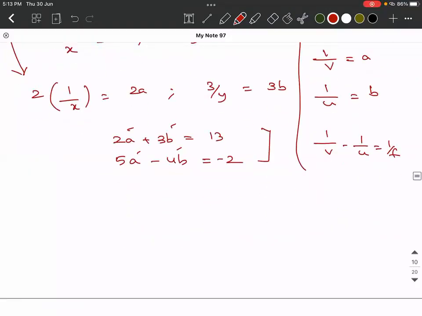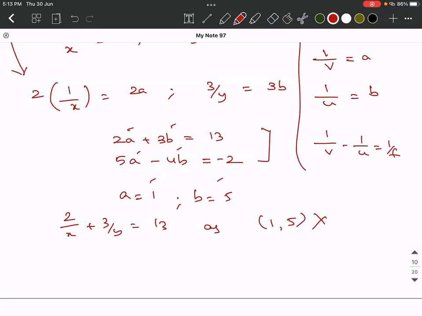Let's say a is coming out as 1 and b is coming out as 5. You should not write the answer for 2 by x plus 3 by y is equal to 13 as 1 comma 5. No. It is 1 by 1 comma 1 by 5, because the values you found are a and b, but the values they are expecting are x and y.